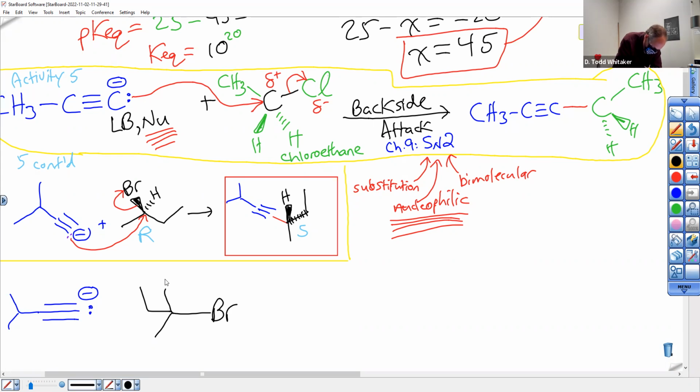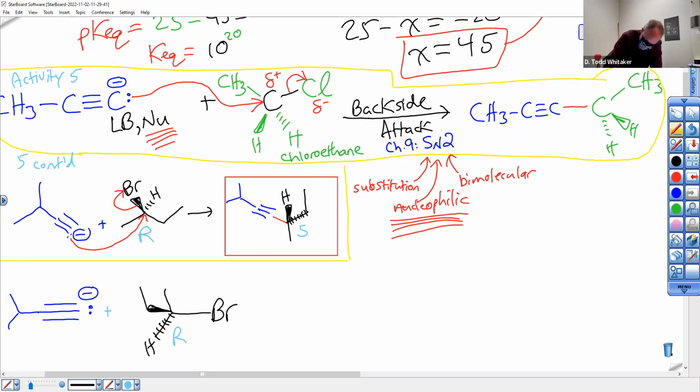Not bad. I'm going to make this. Do you agree that's R? No, it's S, isn't it? Don't agree with me, please. It's dangerous sometimes. Always check. Is that R? That's the better question. And it is, right? 1, 2, 3. R.